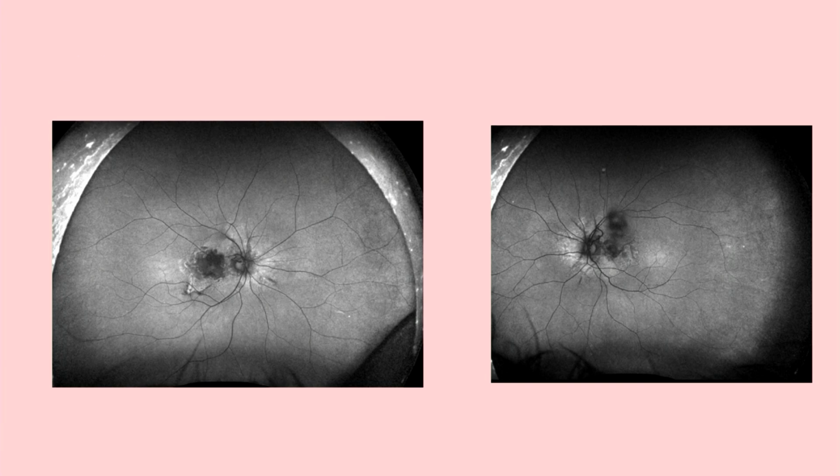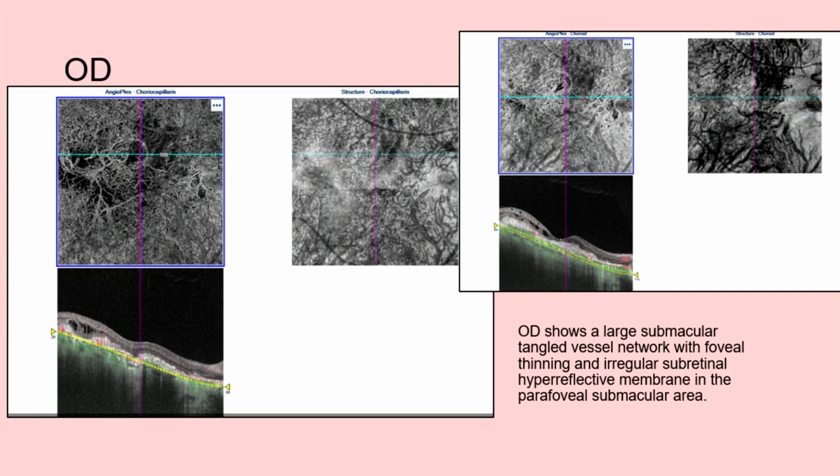The autofluorescence image shows a scarred CNVM with the angioid streaks. The right eye OCTA shows a large tangled vessel in the submacular region, and an irregular hyperreflective membrane subretinally in the parafoveal region with schitic retina overlying that.